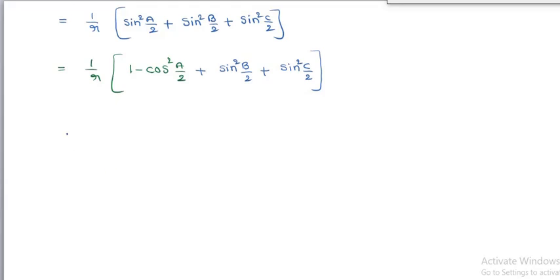Next, 1 by r, 1 minus is common: cos square A/2 minus sin square B/2 plus sin square C/2.